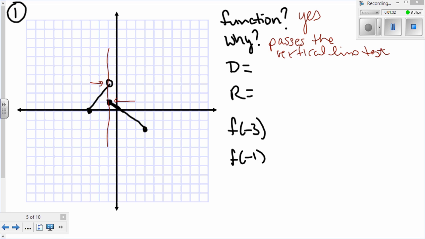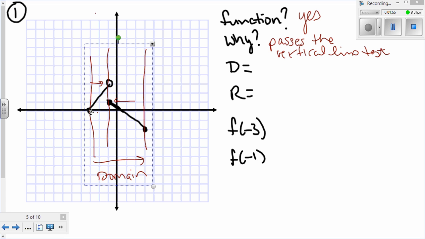The domain. The domain are my x values. Remember, when we're looking at a graph, the domain goes left to right. And my leftmost x value is -3.